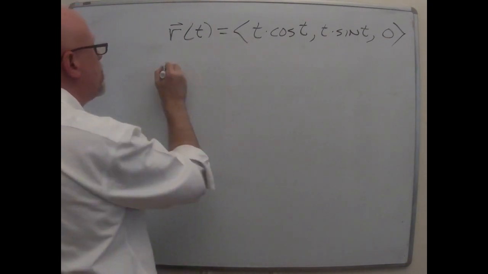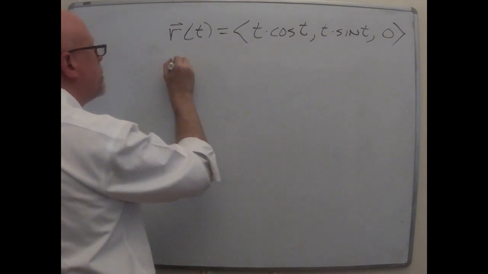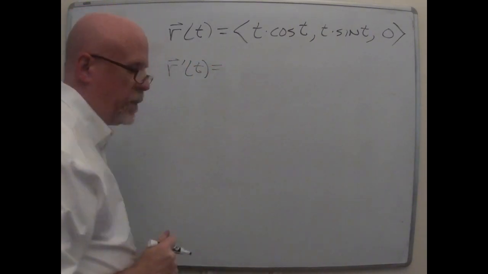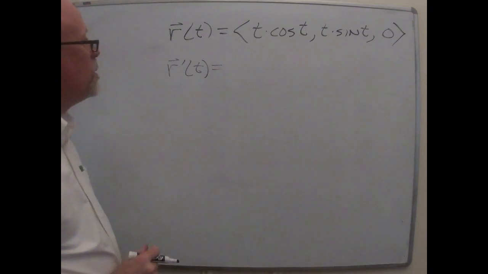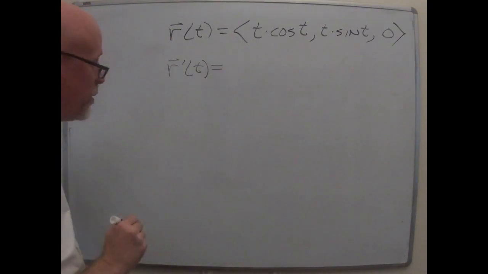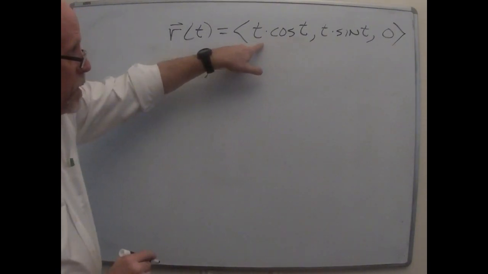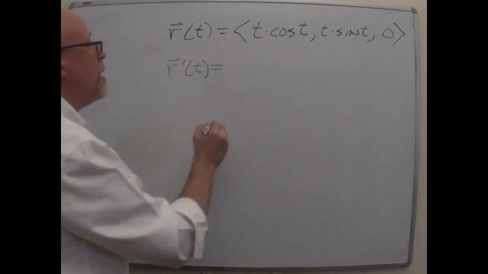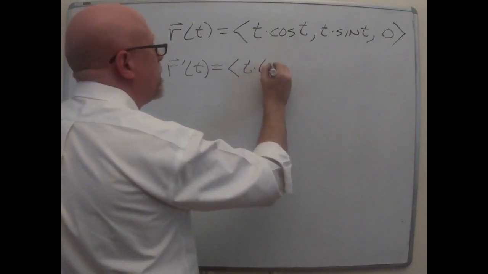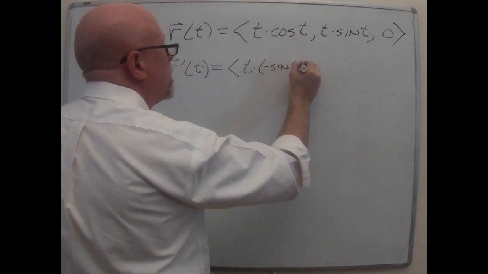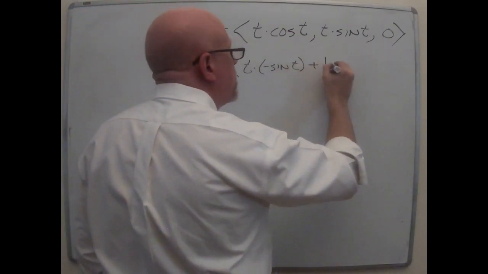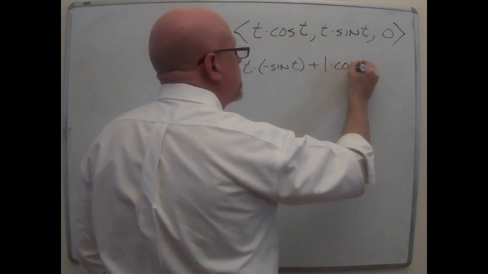So what's its derivative? Oh goodness, well, do you remember the product rule and quotient rule and things like that? You better, because we're going to be seeing them again real soon. This is a product of two things, so I'll need the first times the derivative of the second, plus the derivative of the first times the second unchanged.